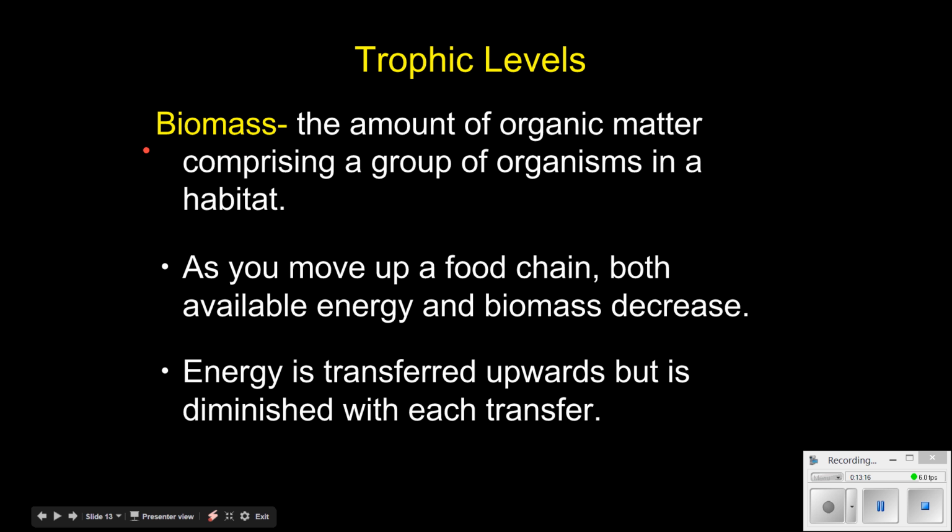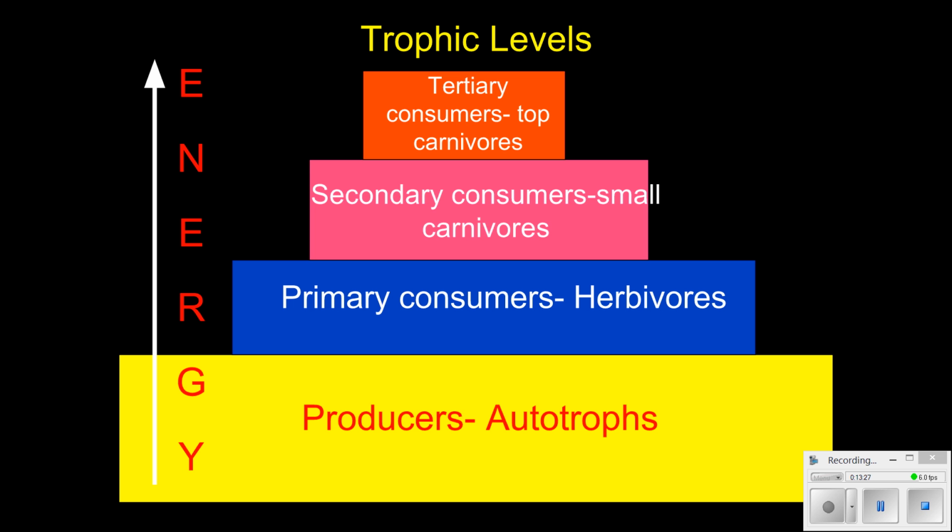So if you wanted to think about how much biomass you have, it would be what you weigh if there was no water inside of you. That would be your biomass. So where does the biomass come from? It comes from these levels.